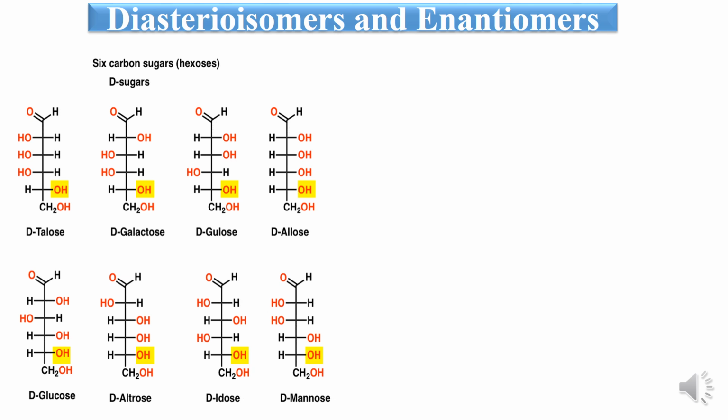Because of this variation, they have different properties and therefore different names have been given to them. Eight such variations are possible for aldohexoses. Some commonly known examples are galactose, mannose, and glucose.